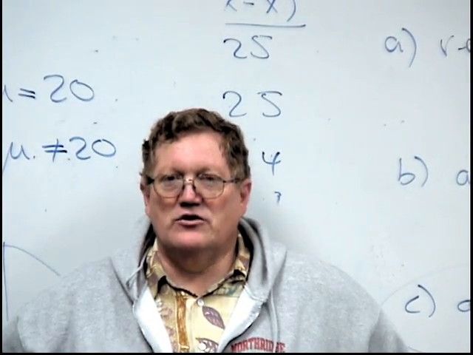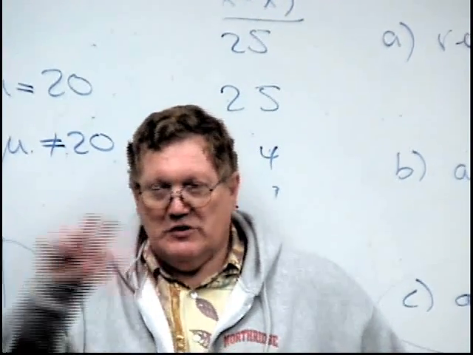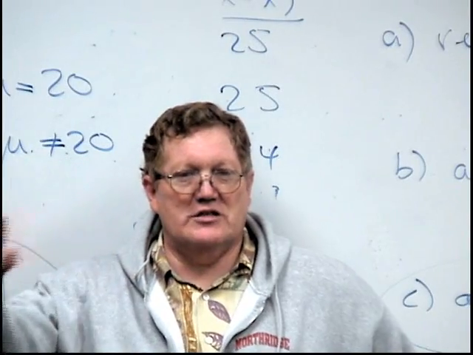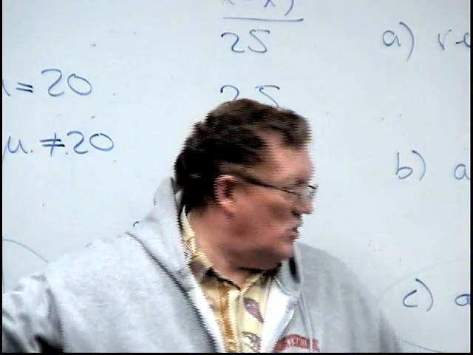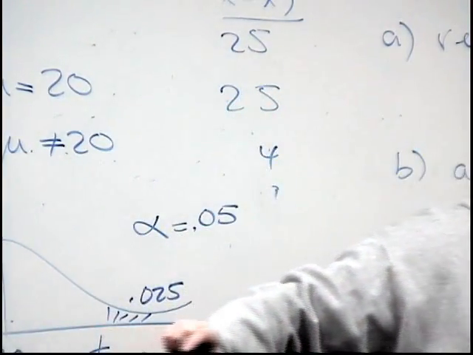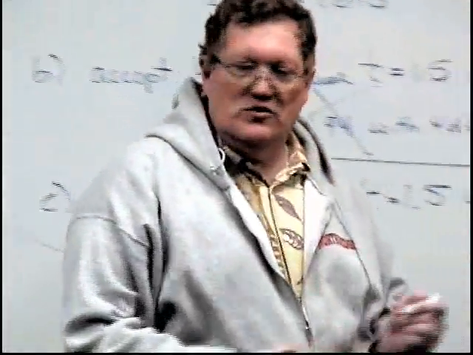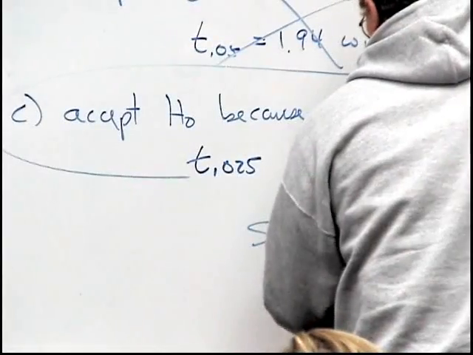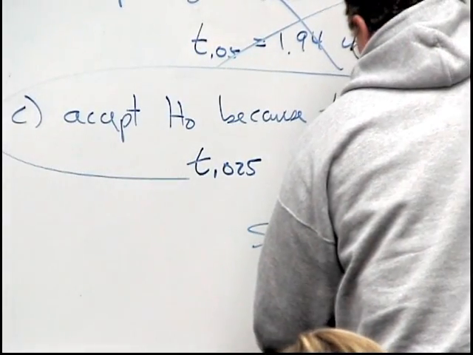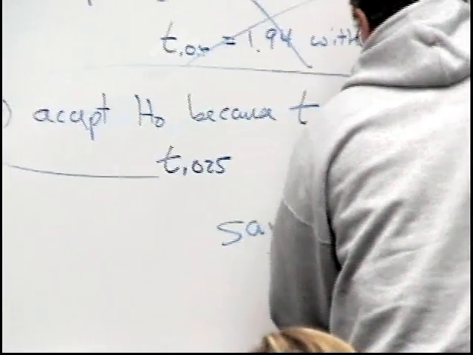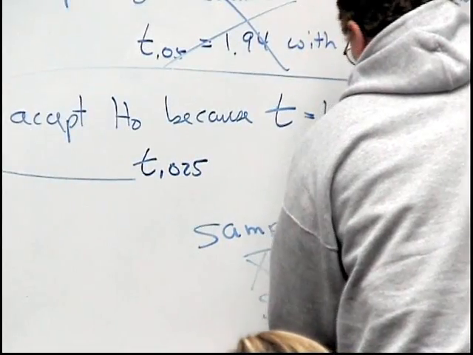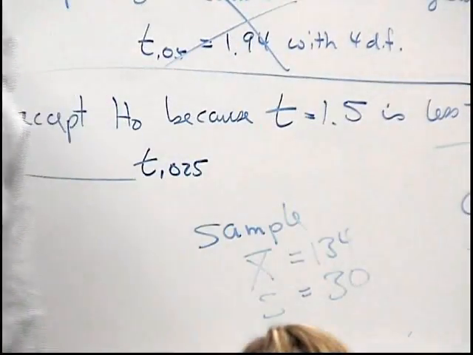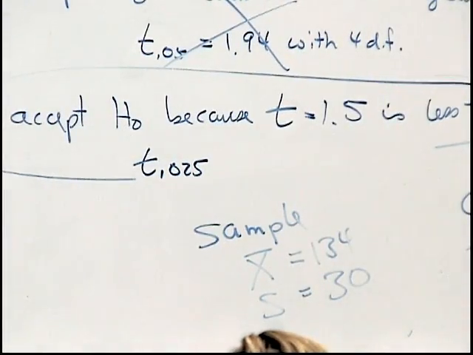I told you I took a sample, and following that, the mean was 134 and the standard deviation was 30. So if the word sample comes before the words mean and standard deviation, then I've just told you the sample mean and the sample standard deviation.